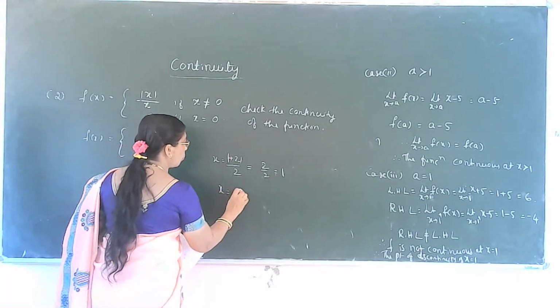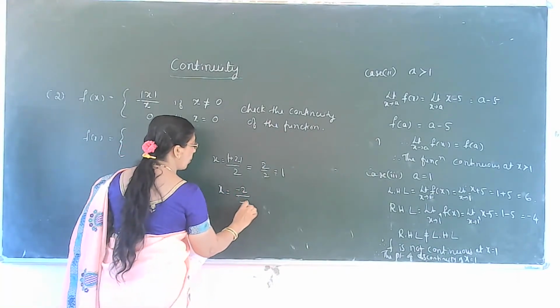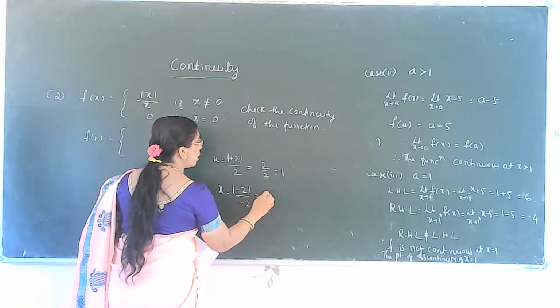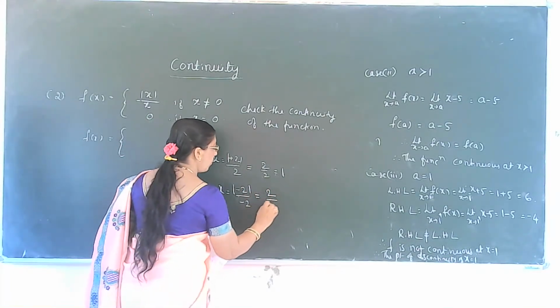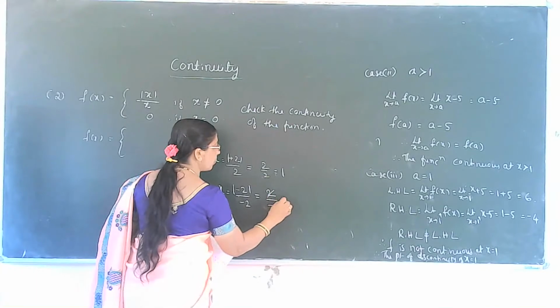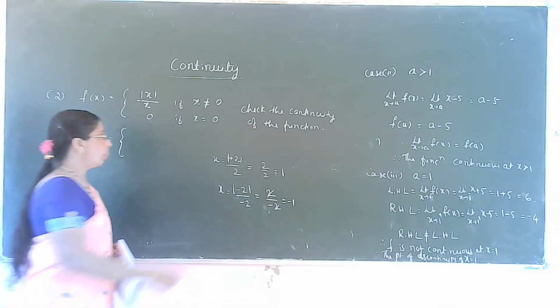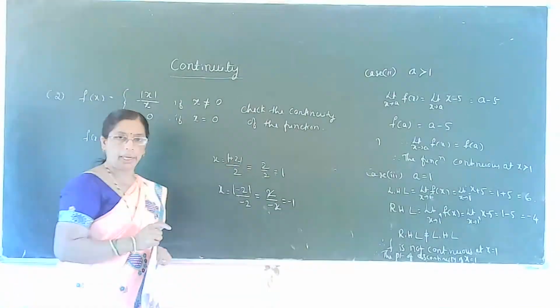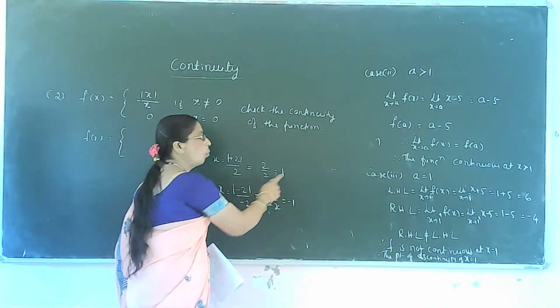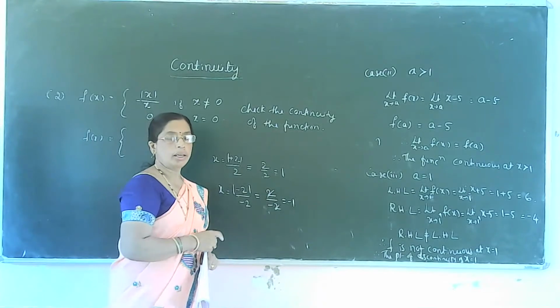If we take x equal to minus 2, its modulus is 2, divided by minus 2; the 2s cancel, but it is minus 1. You take the positive value of x, you get 1 as the answer.